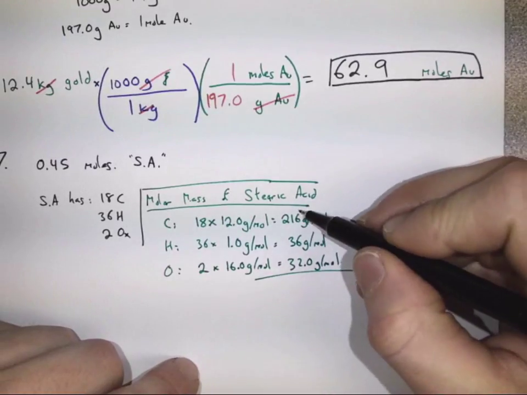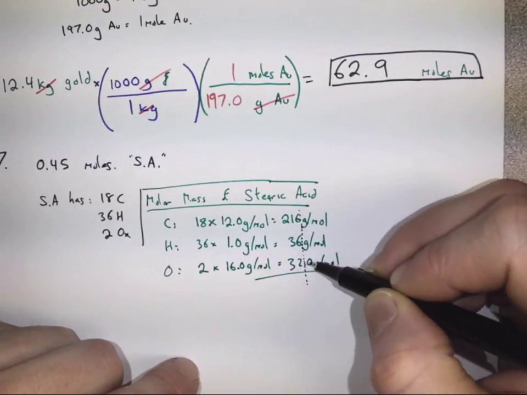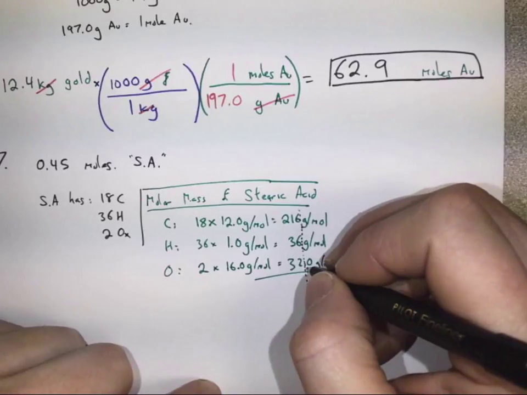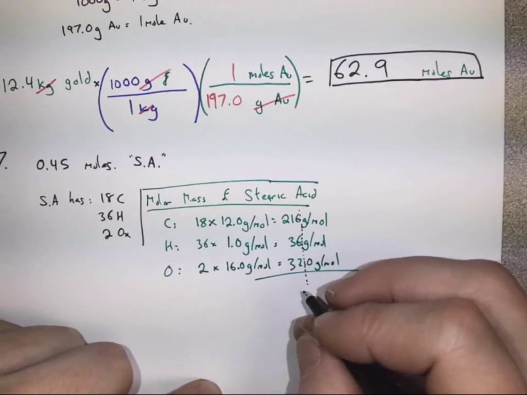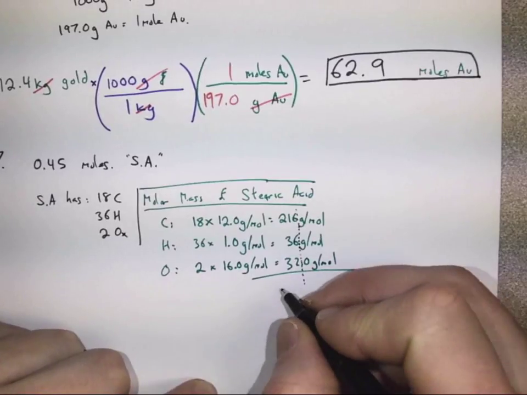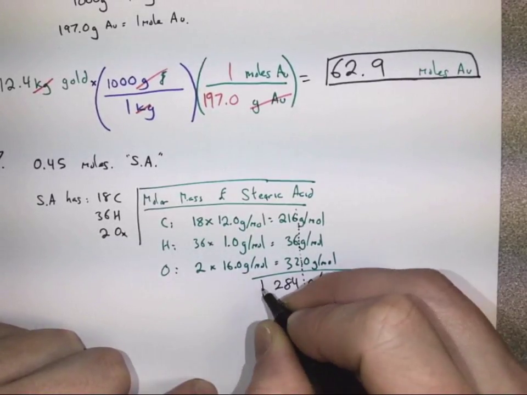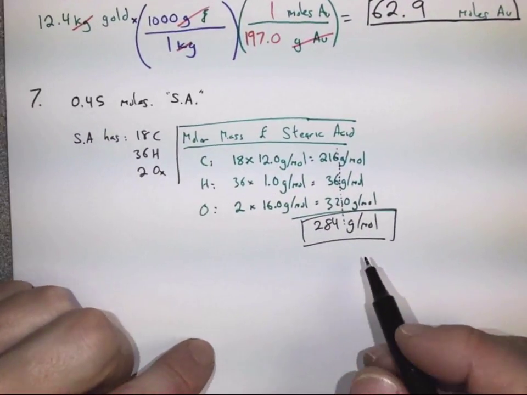And when we do the sig figs, we realize we're really only accurate in the 1s place, and that extra 10th place didn't matter because only one of our values was accurate in the 10th place. So we're going to round that to 284 grams per mole. And that's the molar mass of stearic acid. It's quite a large molecule.